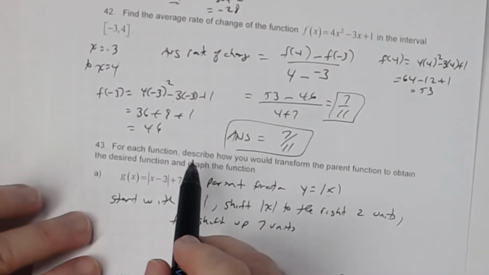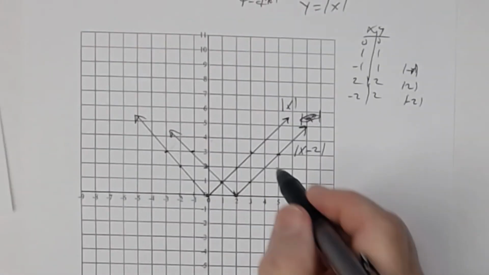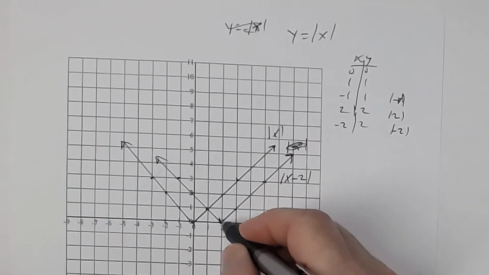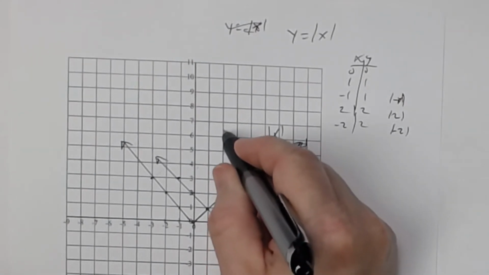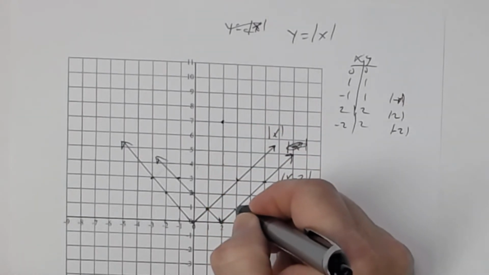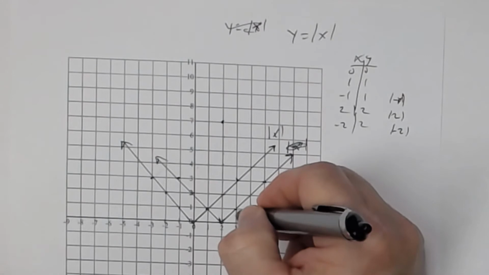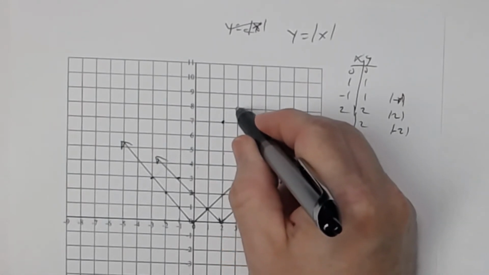And then finally, that says once I graph this part, I'm going to shift it up 7 units. So now you're going to take this and shift it 7 units. Let's start with the vertex. You go up 7. 1, 2, 3, 4, 5, 6, 7. Oops. Let's do it again. 1, 2, 3, 4, 5, 6, 7.